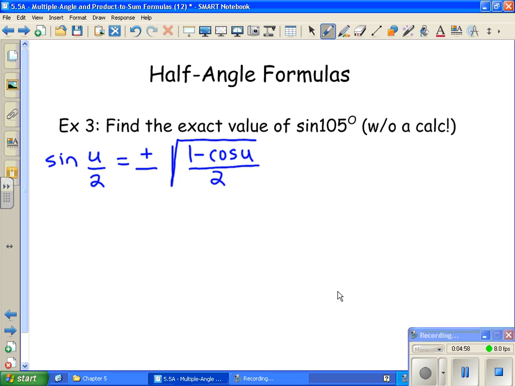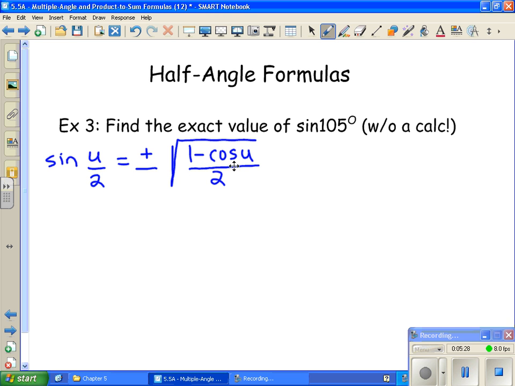And so now let's go ahead and look at an example using the half angle formula. My example is find the exact value of the sine of 105 without a calculator. Let's look at how this formula is used. You have the sine of u divided by 2, and then over here you have the cosine of u.